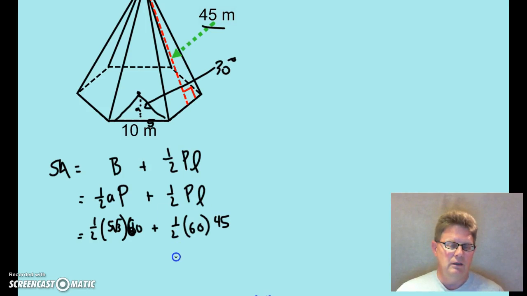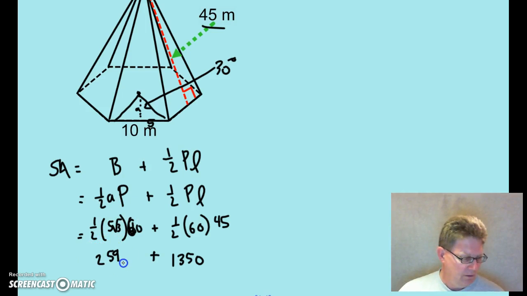So that would be 1,350 for that. I can do that in my head. And let's see here. 1/2 times 30 times 5√3 would be 150√3, which is about 259.8.